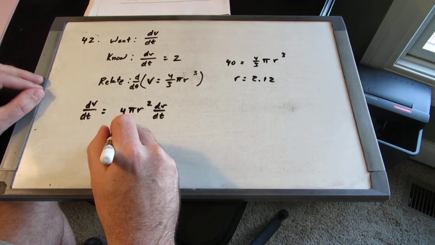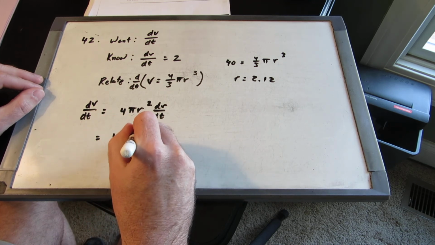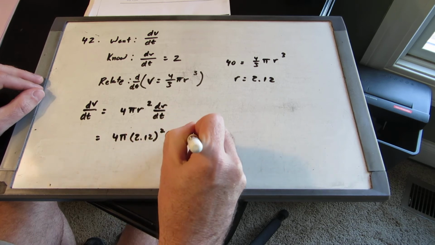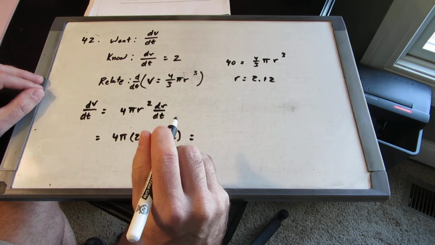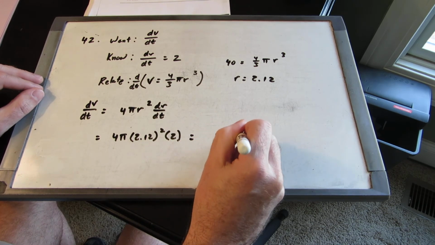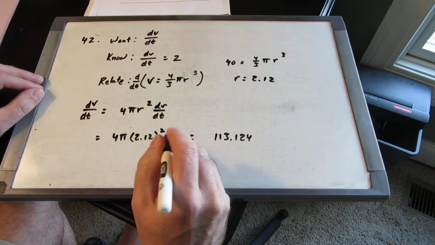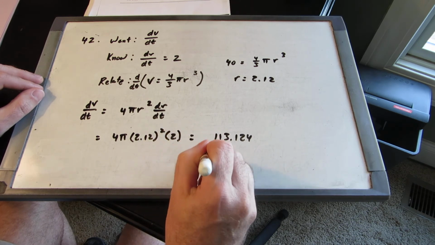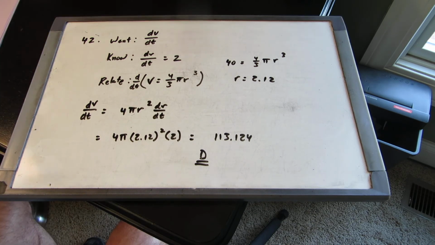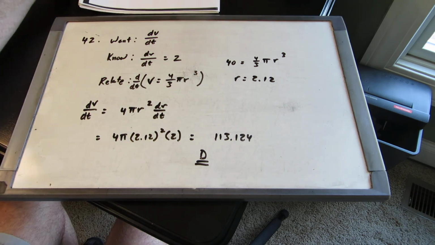So dV/dt will be 4 times pi times 2.12 squared times 2, which is dr/dt. When you plug that in, you'll get 113.124, and that is D. Pretty cool. You guys are related rates experts.